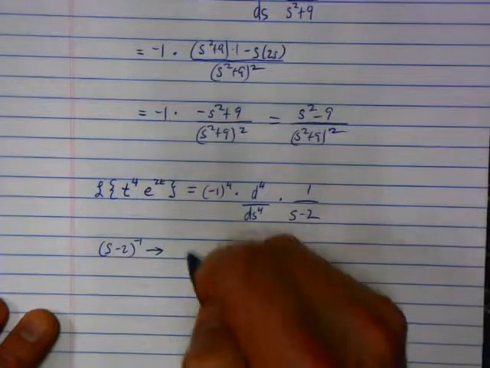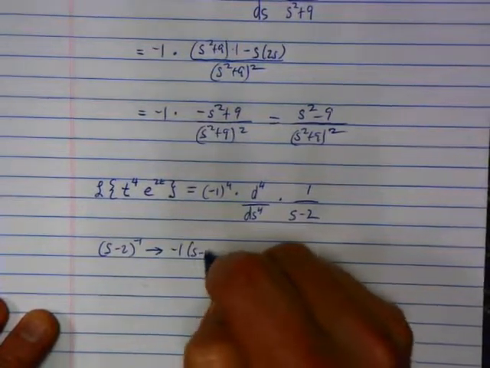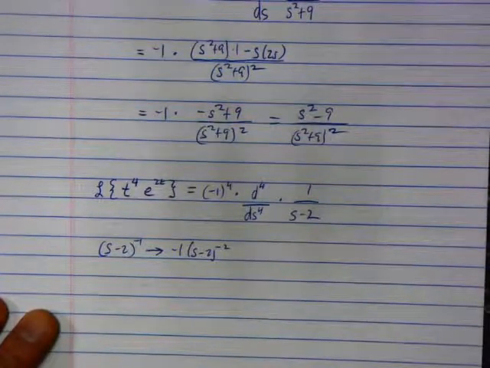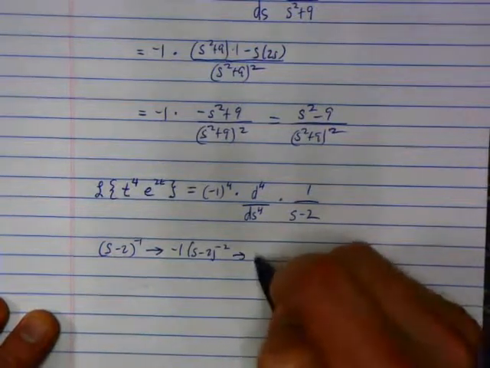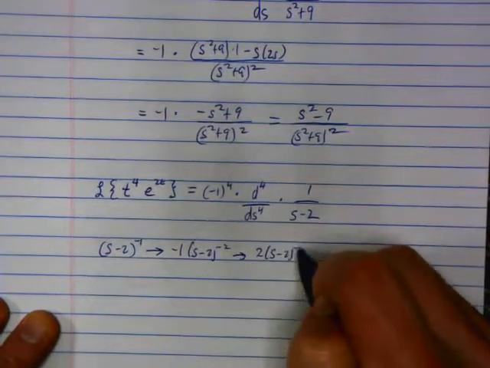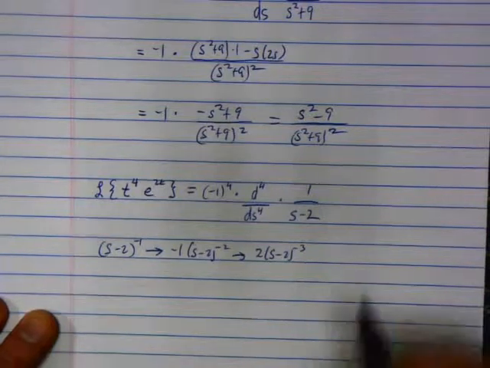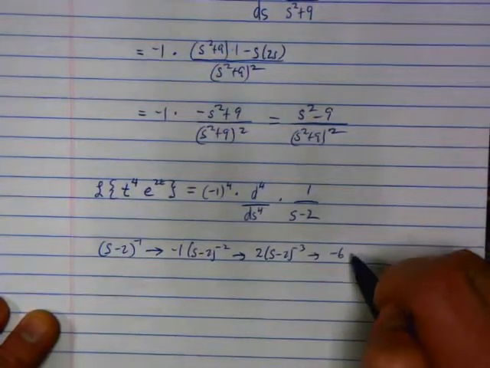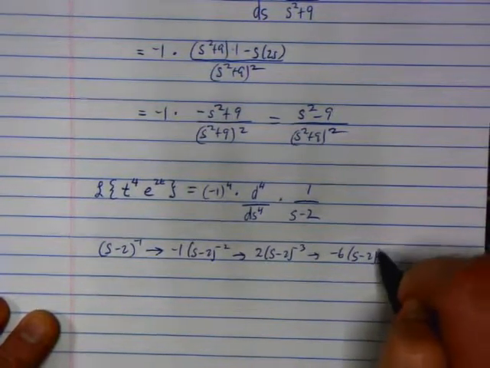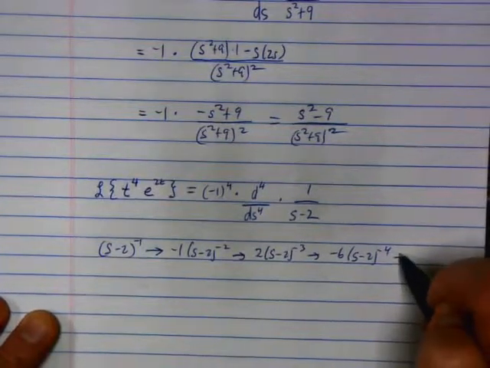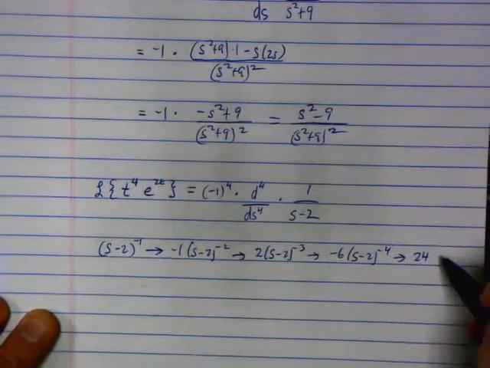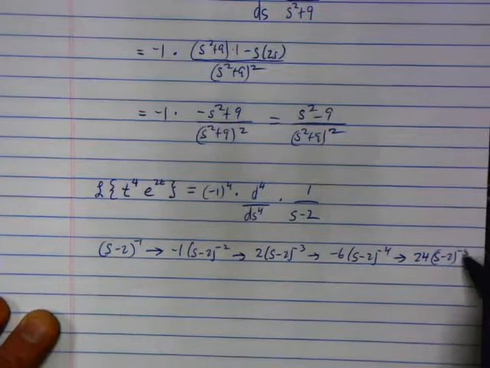So when I take the first derivative, I get negative 1 times s minus 2 to the negative 2. And then I take the second derivative, I get 2 times s minus 2 to the negative 3. And I take the third derivative, negative 6, s minus 2 to the negative 4. And finally, the fourth derivative would be 24 s minus 2 to the negative 5.